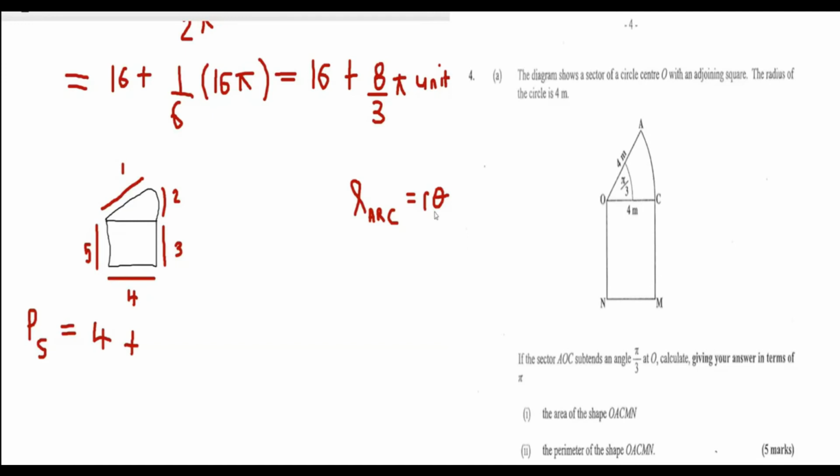That will give you the same result. So length of the arc is going to be r, which is 4, times theta, and theta is pi by 3. So it's plus 4 pi by 3, plus, we need to add this side, which is 4, this side, which is 4, and this side, which is 4, which is plus 3 times 4.